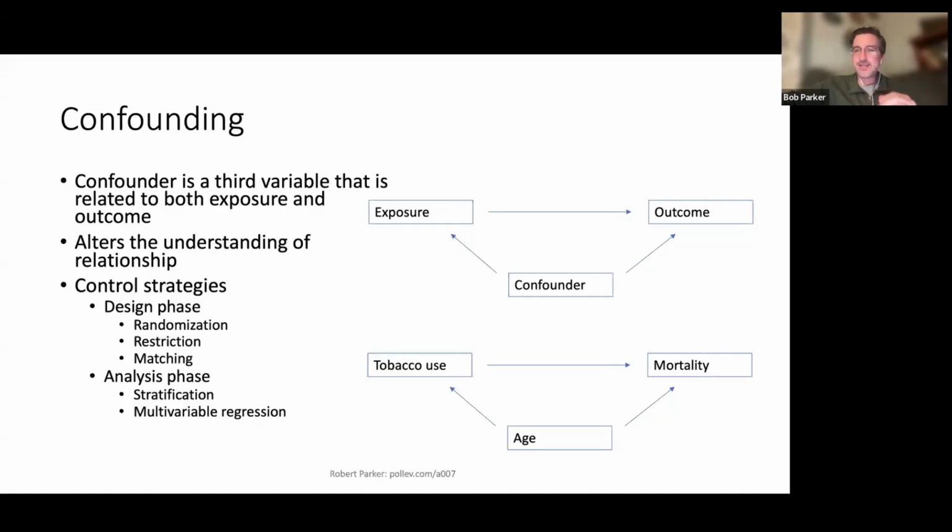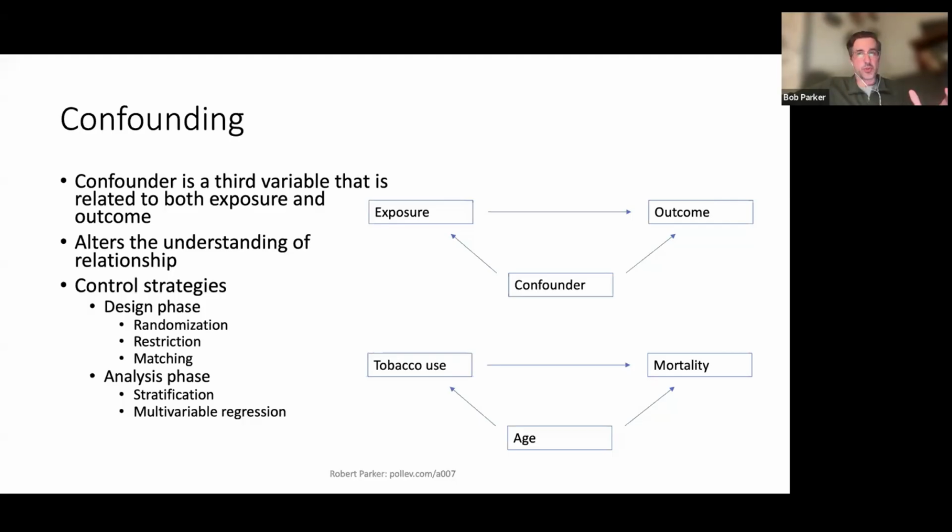Okay, that was the initial understanding that we had, many years ago, like 80 years ago. So why did they find that? Why did they find that tobacco use seemed protective for mortality, meaning tobacco users were less likely to die?